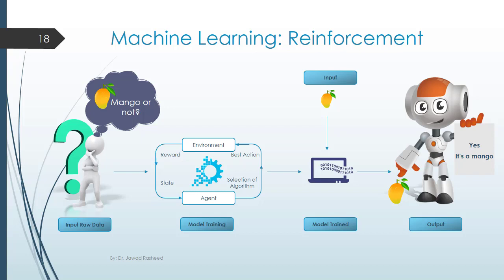Once it is shown the environment, if the decision is not correct, it gets the penalty. And here reward is also, you can say, replaced by penalty. If there is no reward, it means there is a penalty for it.